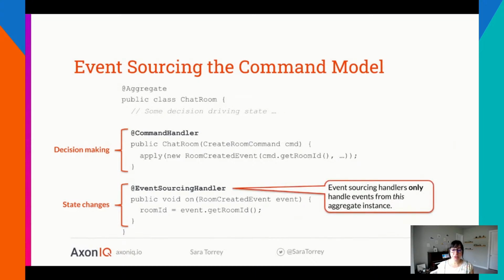It is important to note that these event sourcing handlers will only handle events from this aggregate instance, meaning no events published by other aggregates. And as mentioned before, it is required for event sourcing, where you create an empty aggregate instance and replay that aggregate's events to recreate the state of your aggregate.